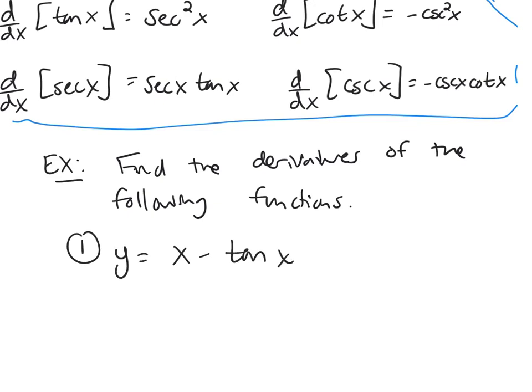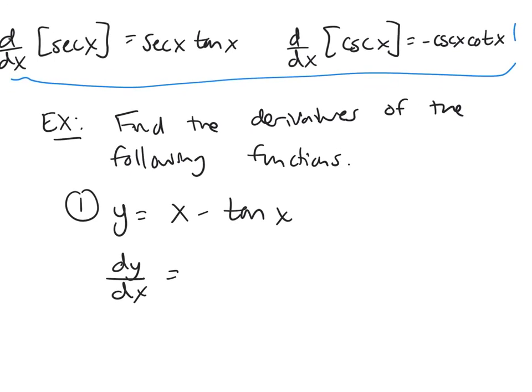Then the derivative, dy dx, take the derivative piece by piece. So the derivative of x is just going to be 1 minus, and now the derivative of tangent, we learned is secant squared, so it's 1 minus secant squared. And there's my derivative.